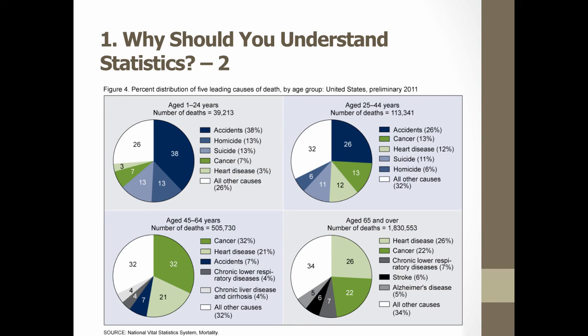So again, thinking about this, you can do all sorts of things, from developing health promotion programs, to educating the young folks on trying to reduce accidents, because most of those things are accidents, so that means most likely preventable, and try to target those who are older and trying to make sure that they have a good quality of life, making sure that they don't go into any further morbidity, that they don't develop these chronic conditions, to even policy.